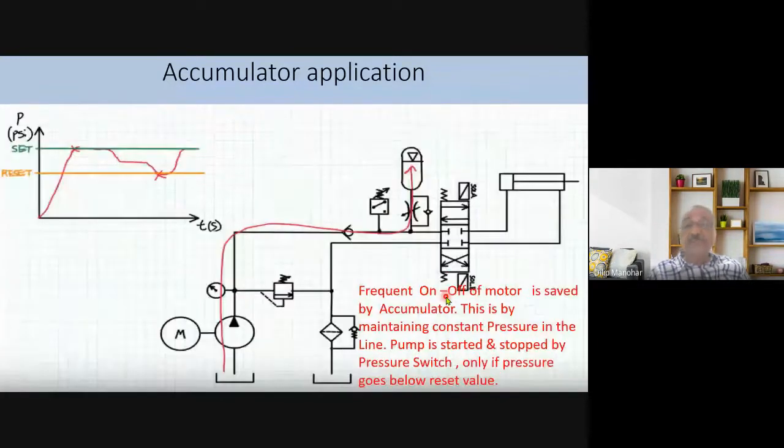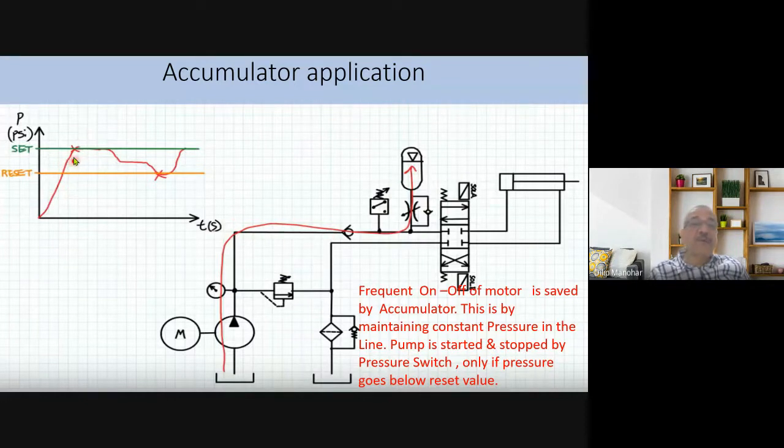Okay. This is my accumulator circuit for when you don't want frequent on-off. The same point is shown here. Frequent on-off of the pump is avoided as soon as the pump is discharging into the accumulator. This will maintain the flow and it will continue to maintain pressure.